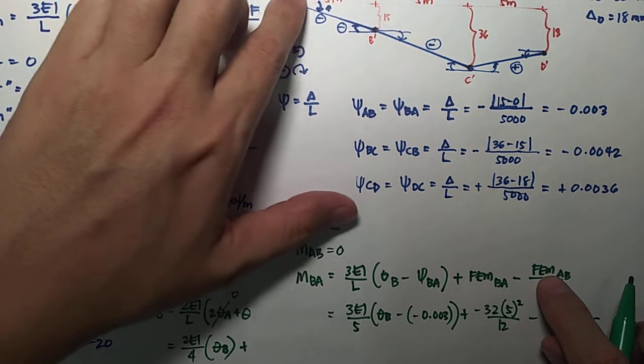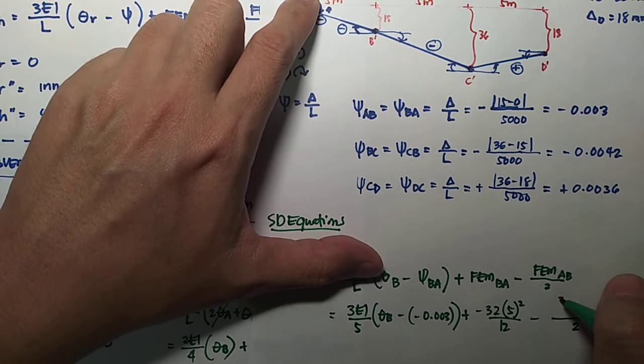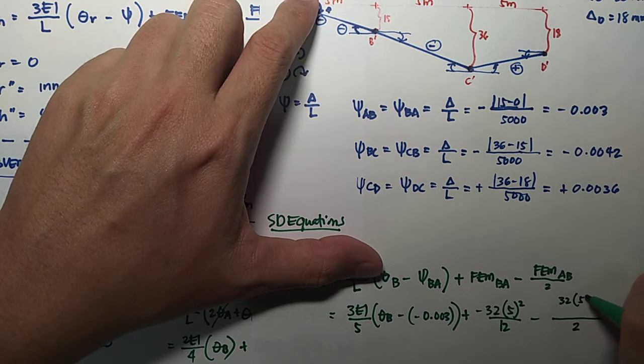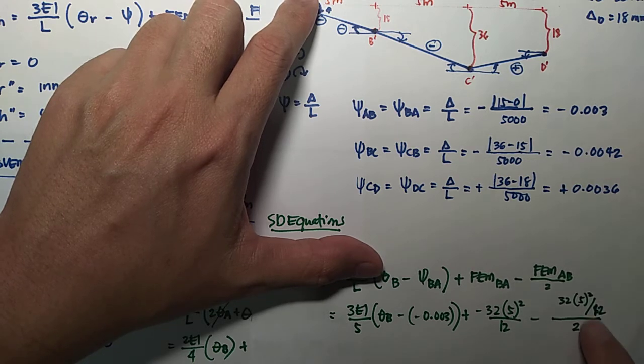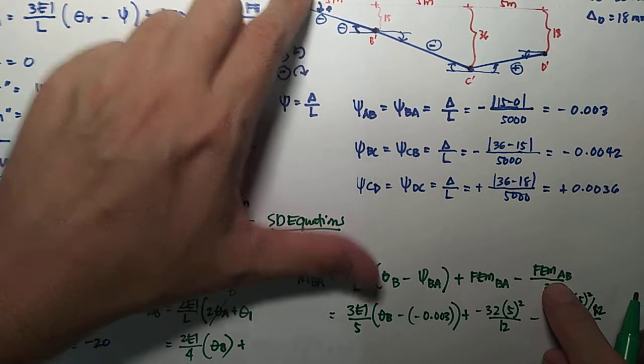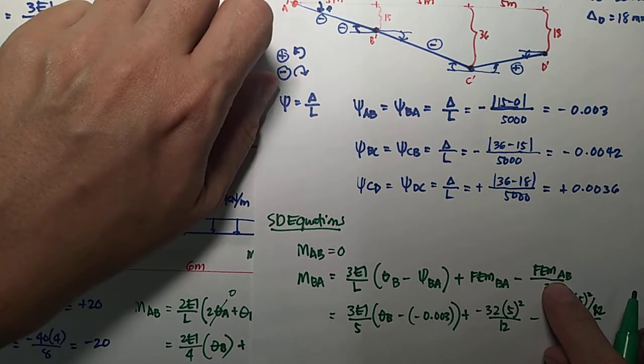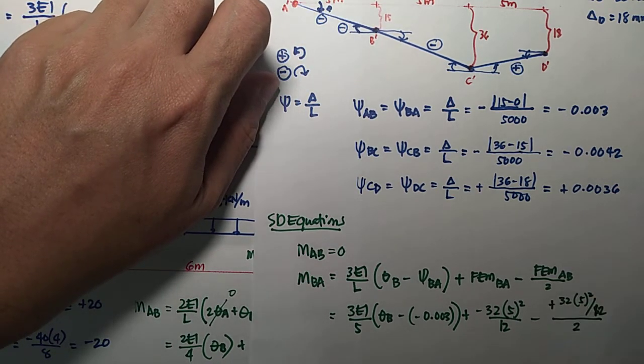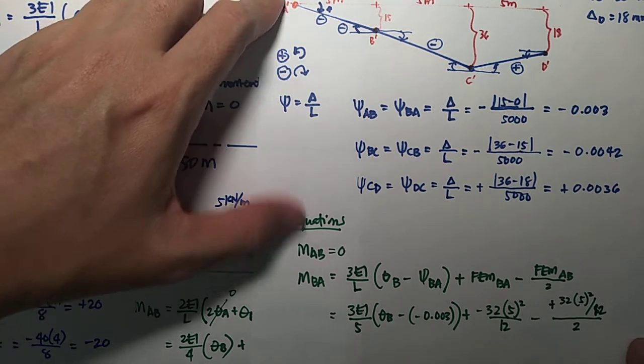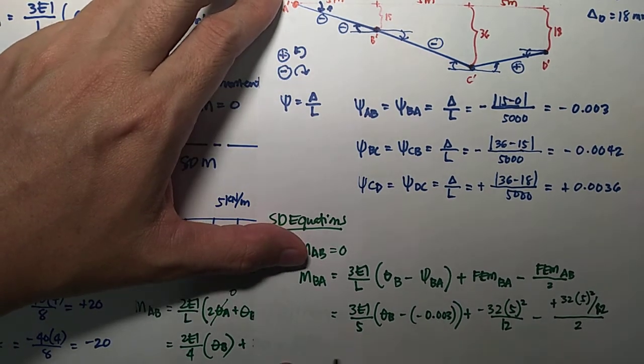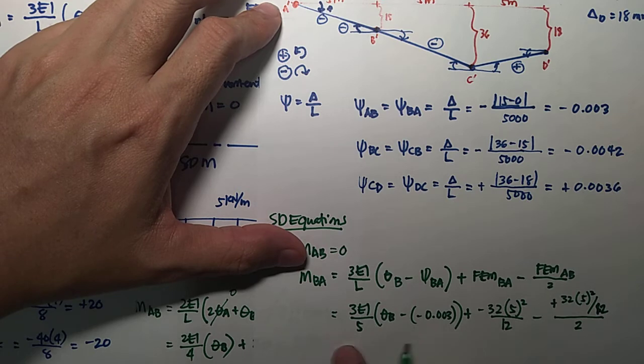What is FEM sa AB? Ganun din, diba? 32 L square over 8, over 12. Anong sign ng FEM sa AB? Ito yung nasa kaliwa, which is counterclockwise, so positive. So, yan ngayon yung moment equation natin, slope deflection equation natin for BA.